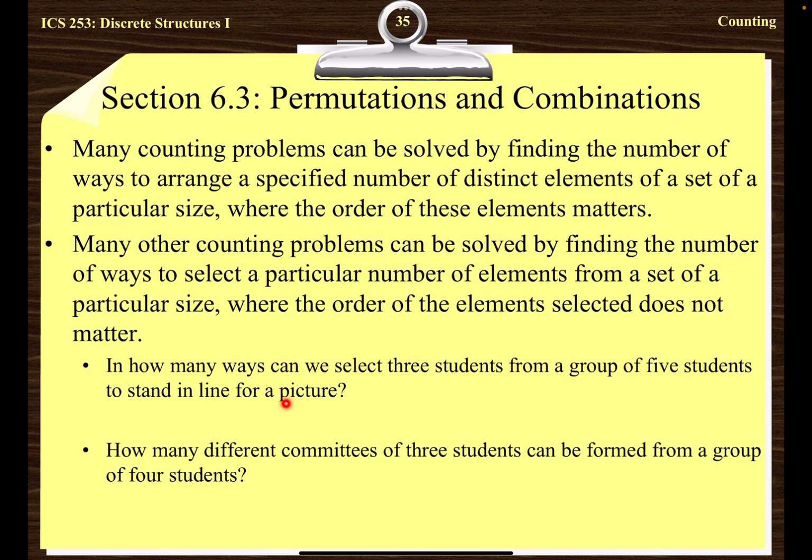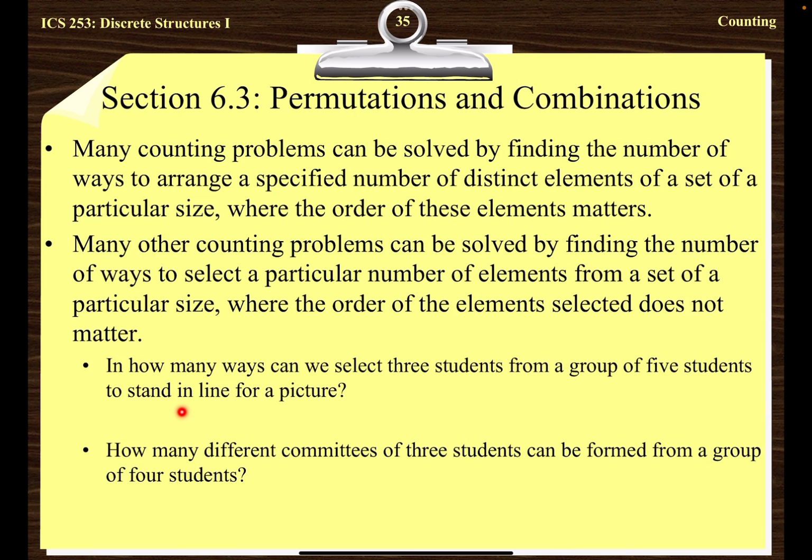You are taking a picture where you are standing in line. If you have the same 3 people, you are one of them. In one picture, you stand on the left. In the second one, you stand in the middle. On the third, do you get exactly the same picture? No. So order matters.